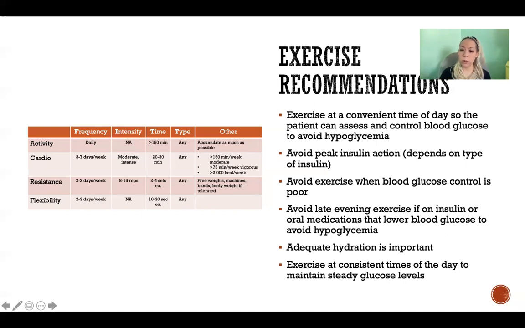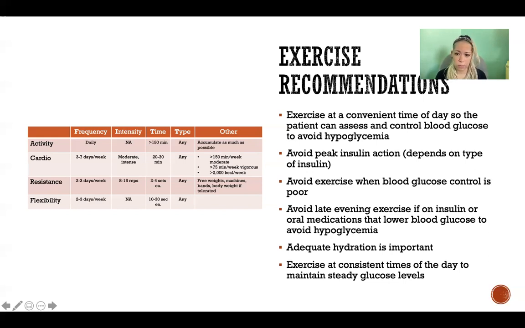Avoid exercise when blood glucose control is poor. So if somebody is going through a phase where they are having difficulty controlling their blood sugar, or it's unpredictable for some reason, so maybe they're changing medications, maybe they're changing their dose of insulin, maybe they're changing their style of eating. So whatever they might be doing that could be interfering with their reliable control of blood glucose, skip the workout.